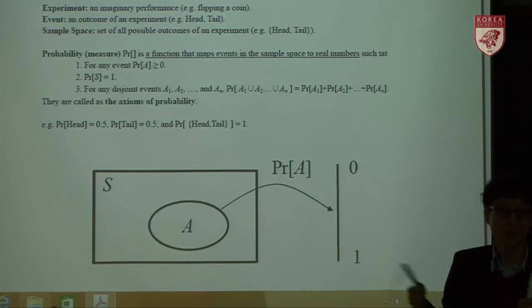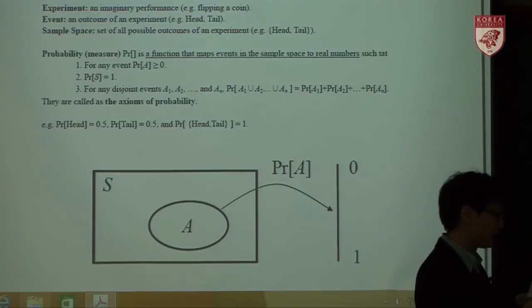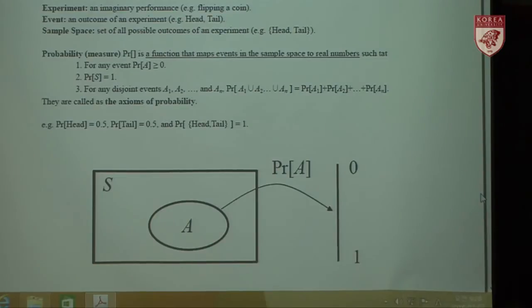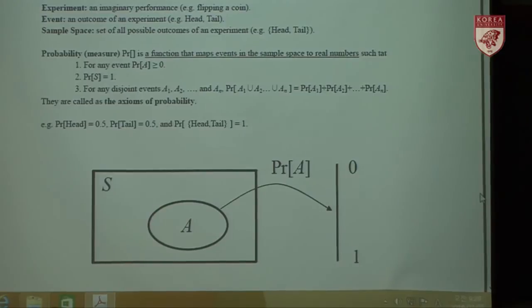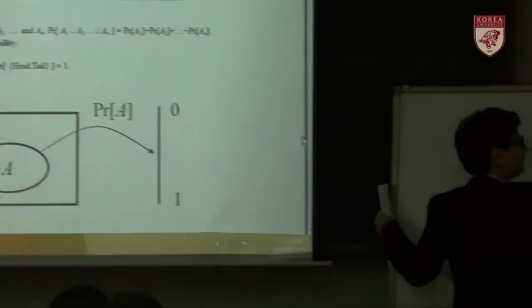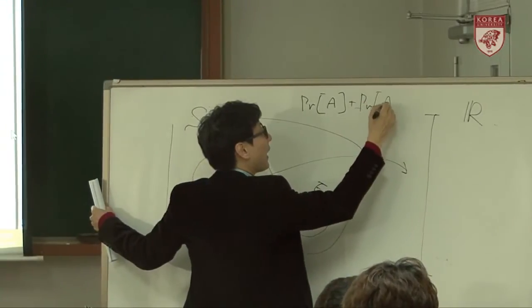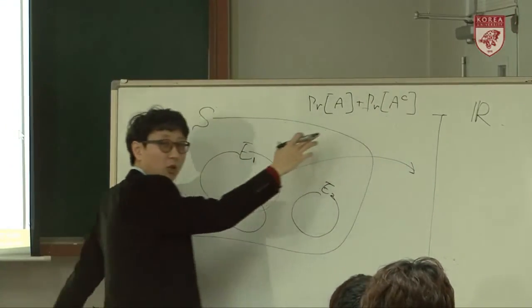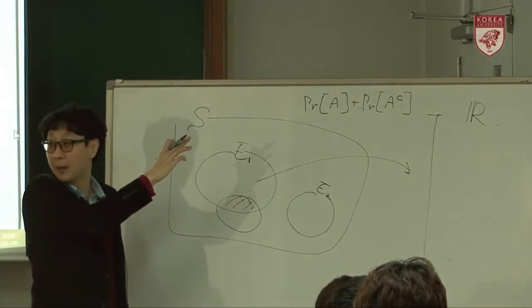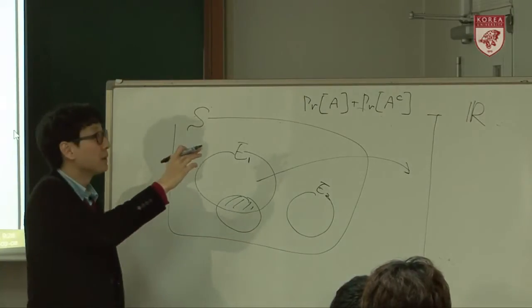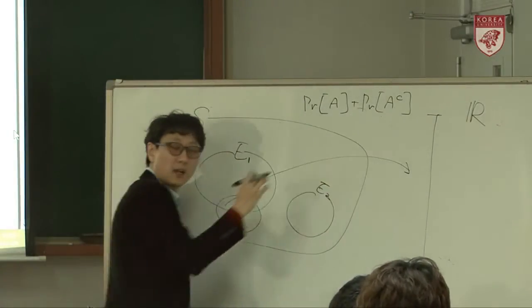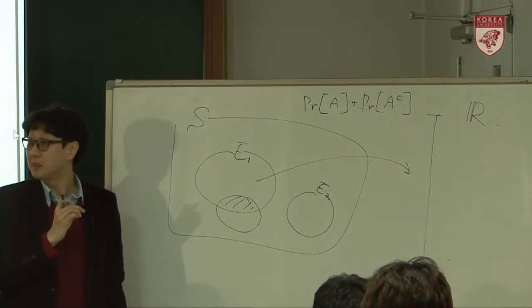Am I right? Because the probability of A plus the probability of A complement, A and A complement are disjoint, definitely disjoint.